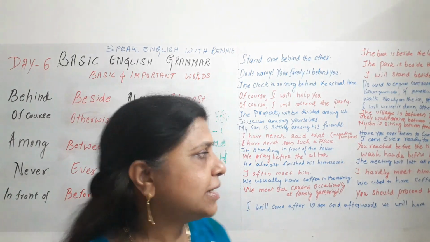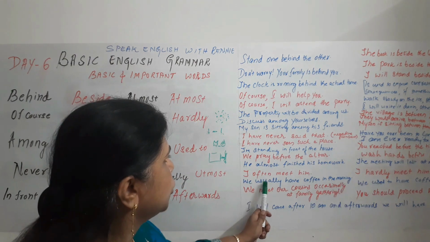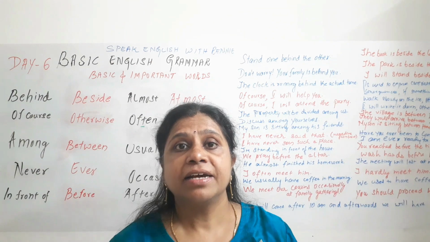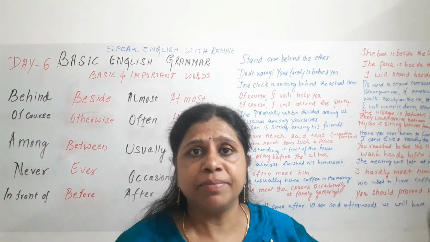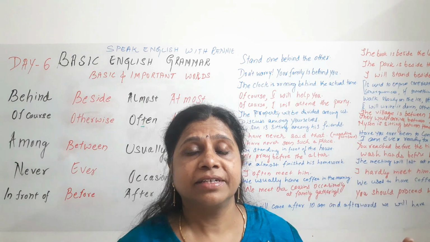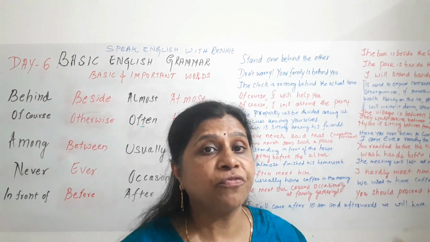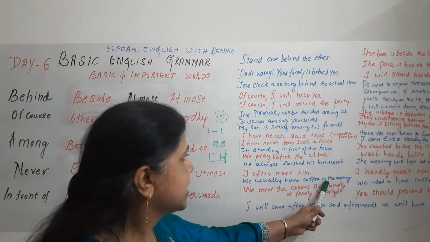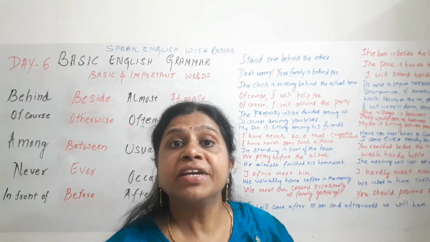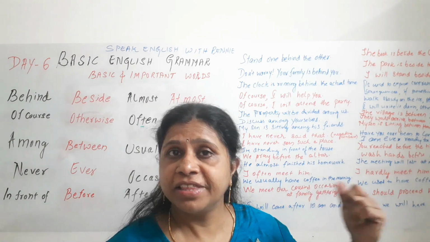Let us see in the sentence. We usually have coffee in the morning. That means that is a habit. It has continued for many years, having coffee in the morning, and even today we continue to have that coffee in the morning.